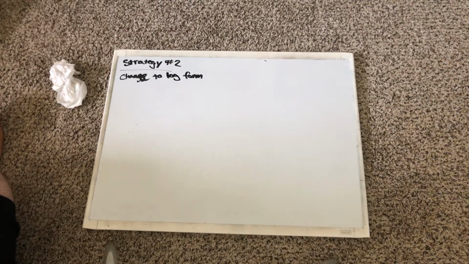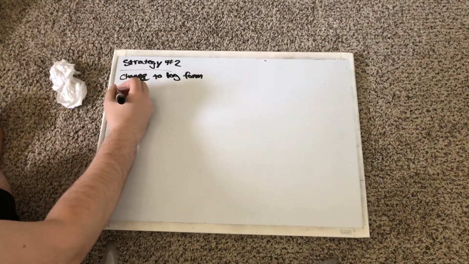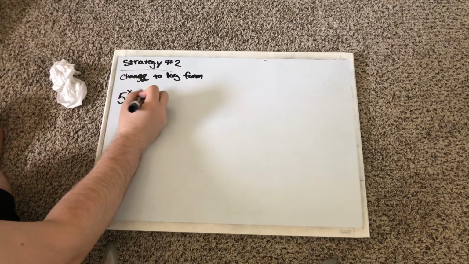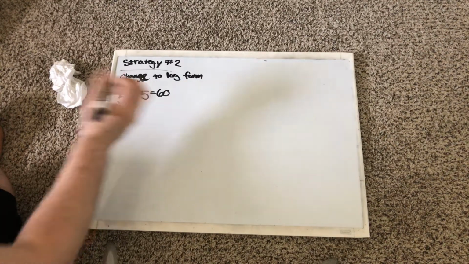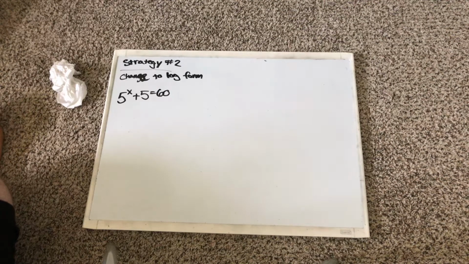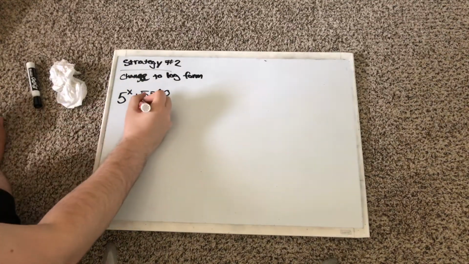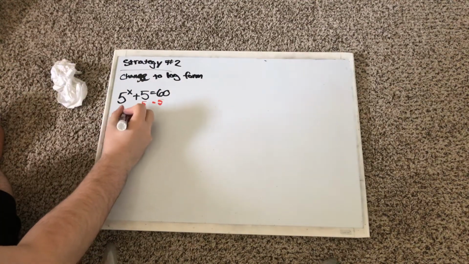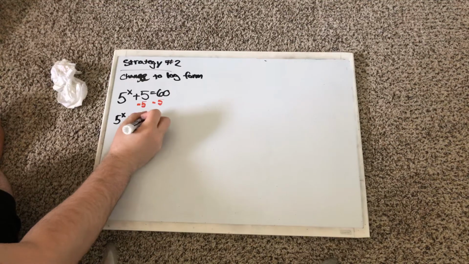So if I look at my third example, I got 5 raised to the power of x plus 5 is equal to 60. Well, the first thing I want to do is subtract this 5. 5 raised to the power of x is equal to 55.